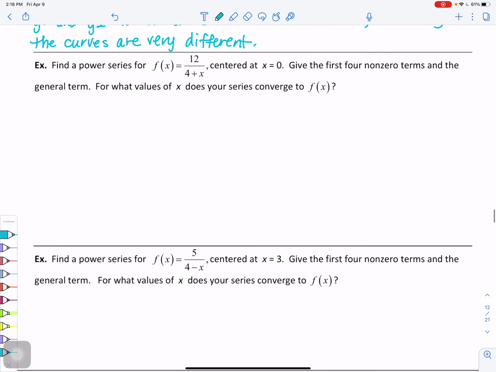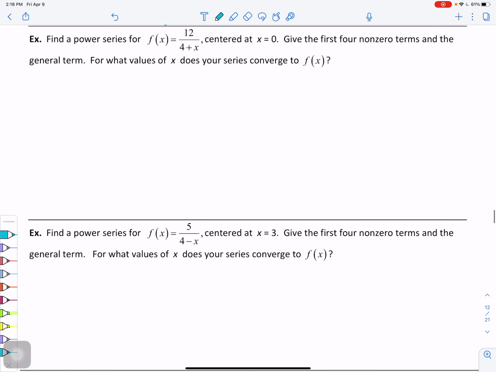Find a power series for f of x equals 12 over 4 plus x, centered at x equal to 0. Give the first 4 non-zero terms and the general term. And then we're asked, for what values of x does your series converge to f of x?